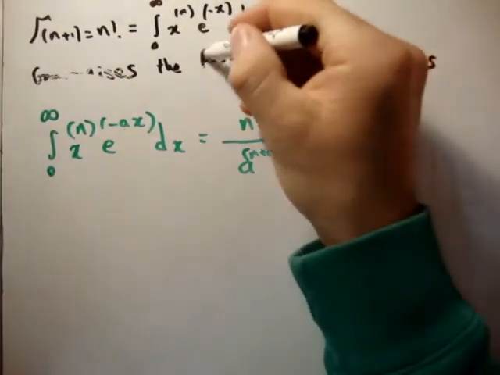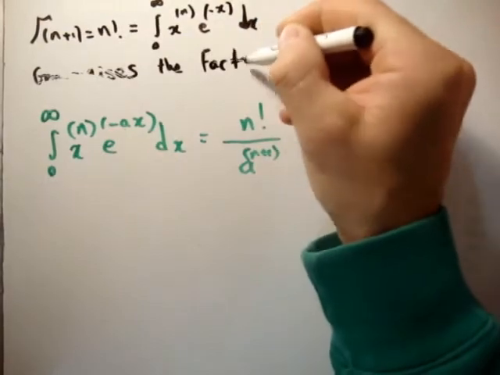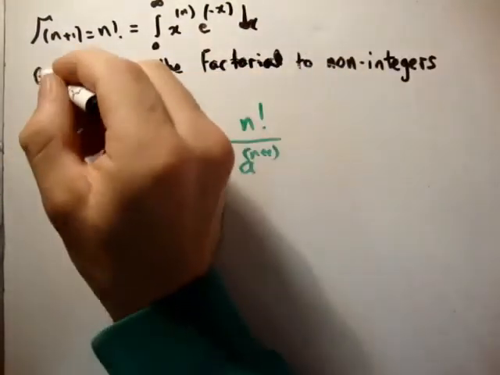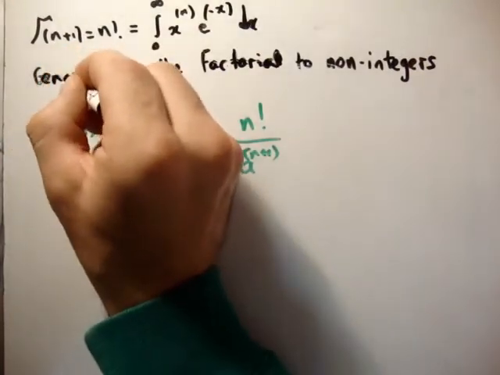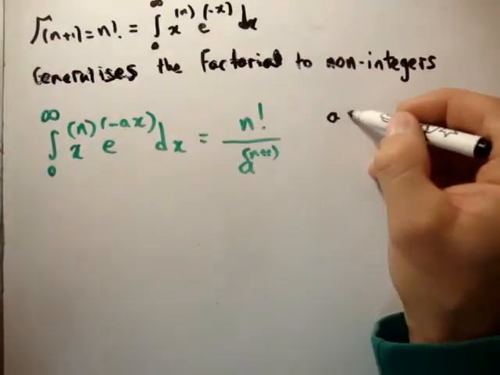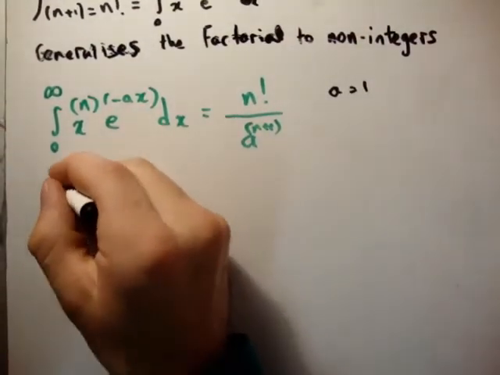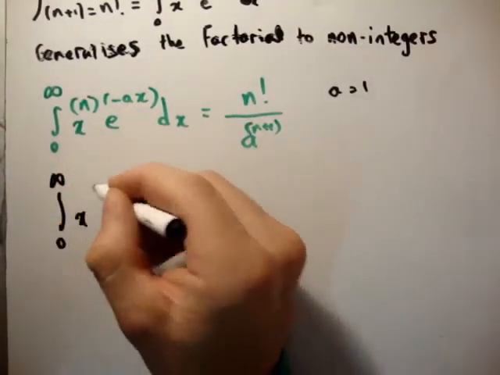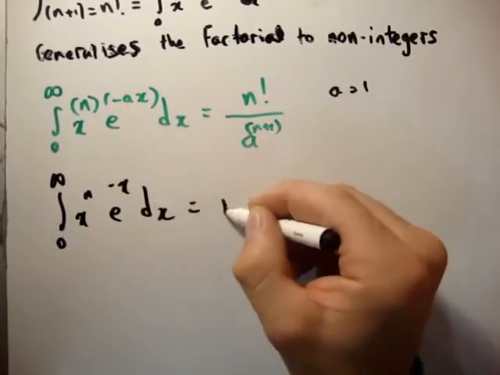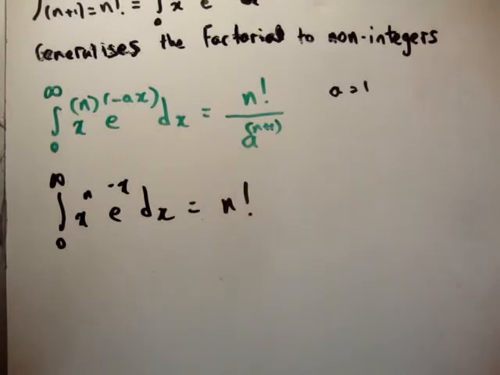So let's see what happens if we set a to be equal to 1. So let a equal 1. Well, if we set a equal to 1, we get the integral still, and we get n factorial directly. So we're after generalizing the factorial as some sort of integral.